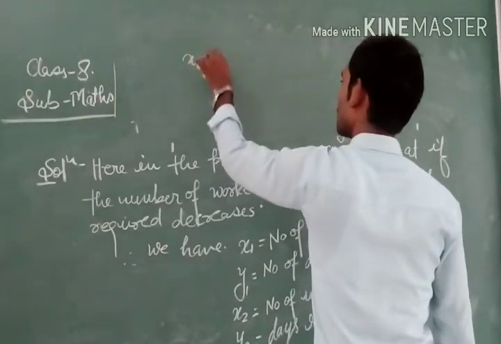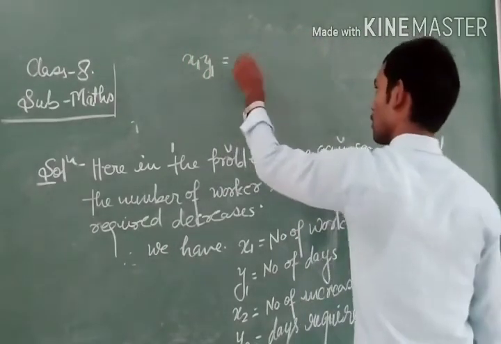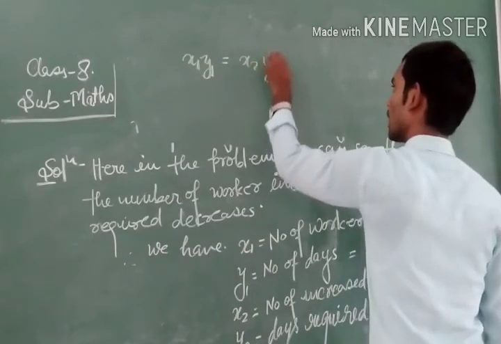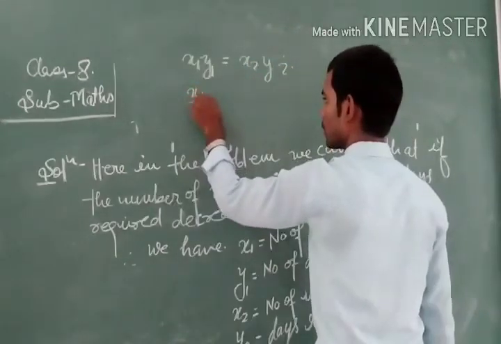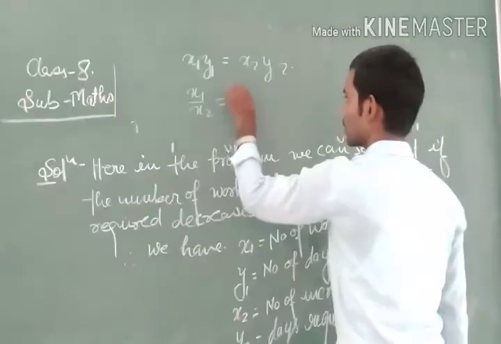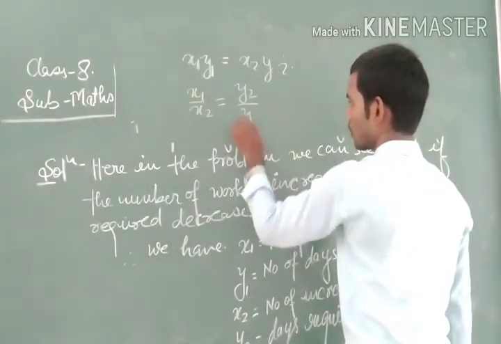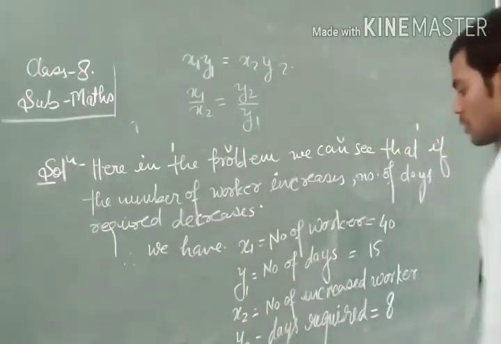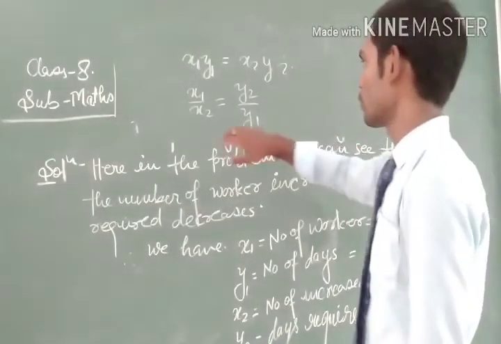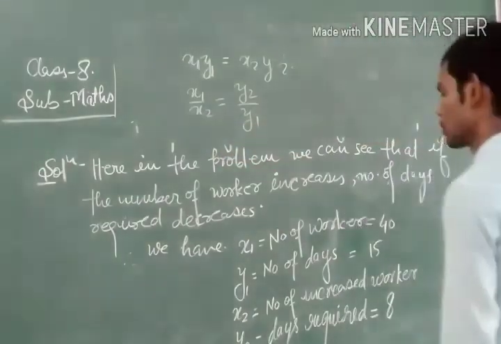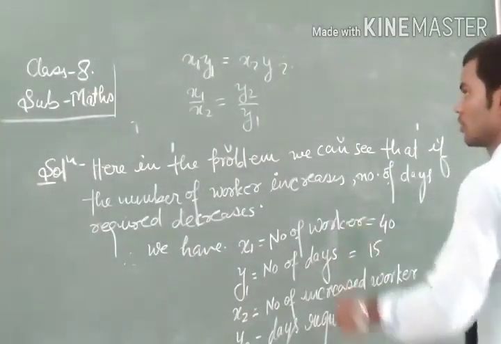x1 y1 is equal to x2 y2, or we can write x1 upon x2 is equal to y2 upon y1. So here we need to find out the value of x2, and the value of x1 is 40.